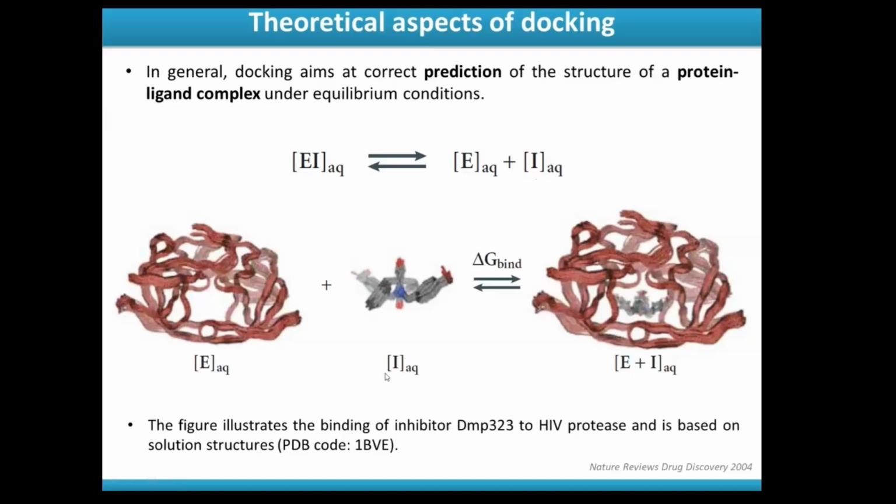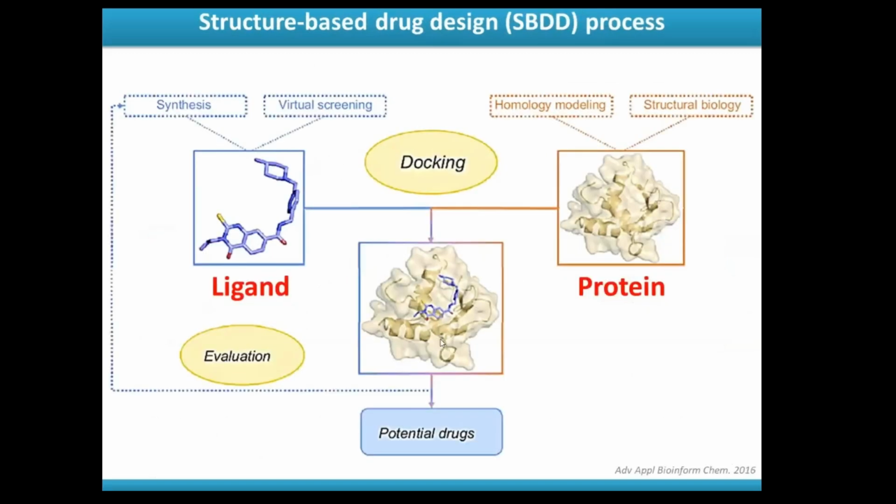An enzyme in aqueous solution and an inhibitor or substrate in aqueous solution, and it is the complex which it is forming, right? So every ligand which is binding with the drug target has some binding energy, which is often defined as the amount of energy needed to remove the particular ligand from the active site. So this is the inspiration behind the molecular docking process.